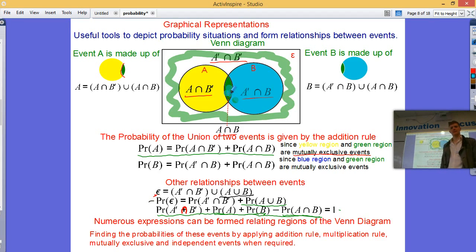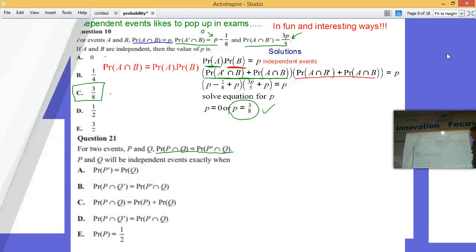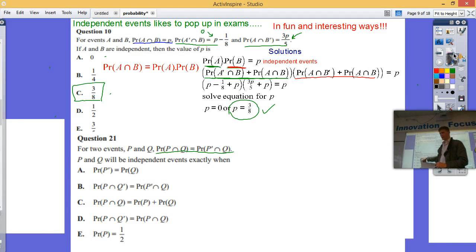How can they be the same thing? Could it be that this intersection region will be the same if the whole of B is the same as A? Probability of A is equal to probability of B? Or in this case, in terms of P's and Q's, although it doesn't seem to be there, let's have a look at a way we can make sense of it.